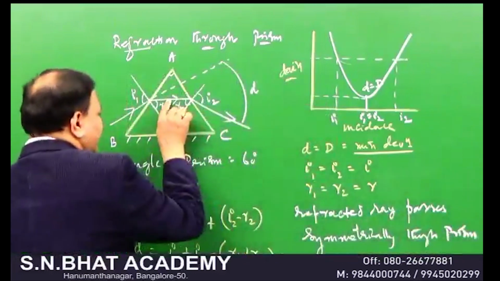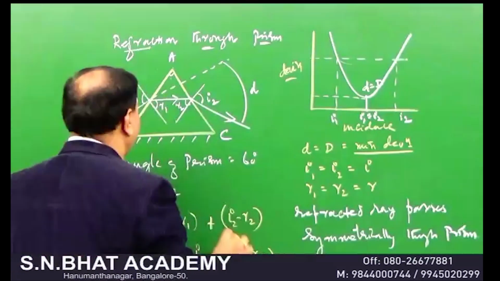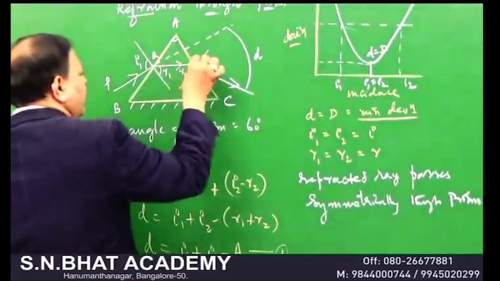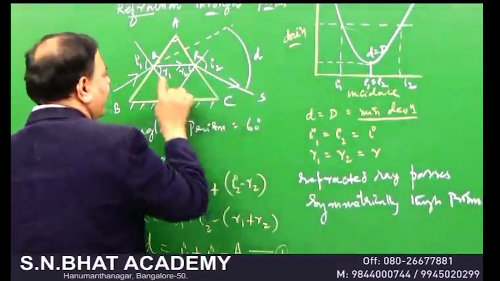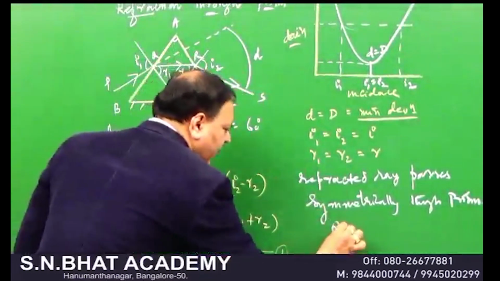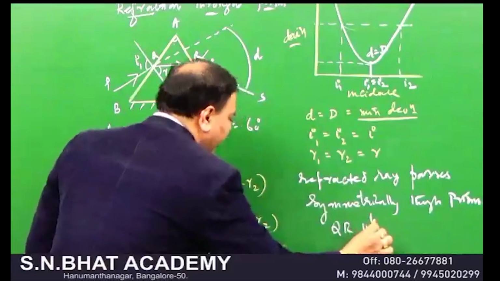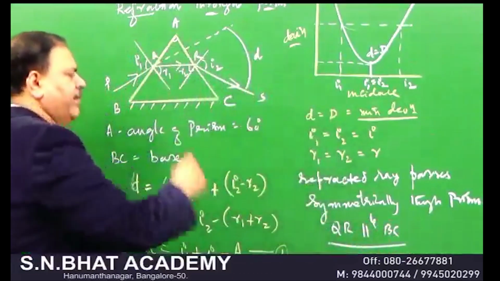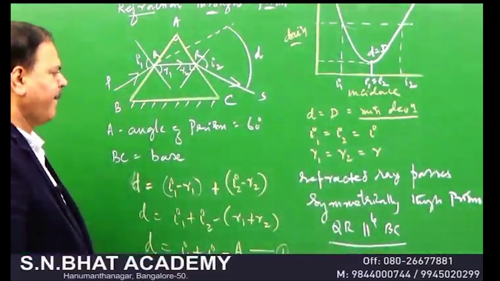Under that condition this refracted ray is parallel. This is the refracted ray. If we call these points P, Q, R and S, the refracted ray QR is parallel to the base BC only under this condition, the angle of minimum deviation condition.